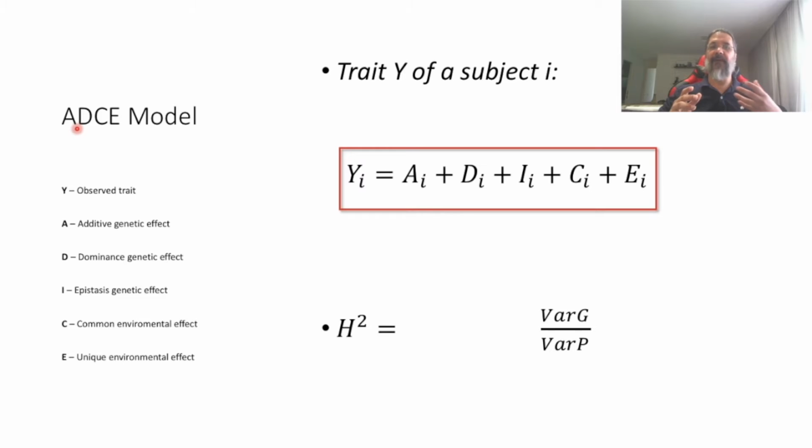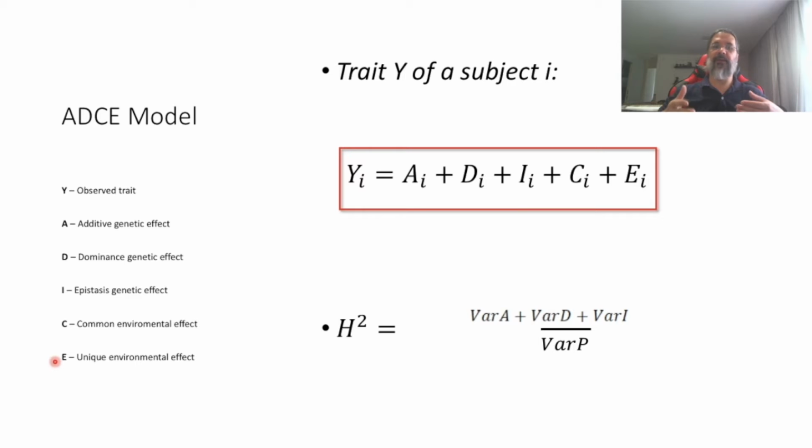It divides the factors that can influence a person's trait between 3 genetic factors and 2 environmental ones. So we have additive, dominance, and epistasis genetic effects, and then we have common environment that is experienced by both twins, and unique environment that is experienced by each one differently, using the same formula that indicates the variation of each of these factors.